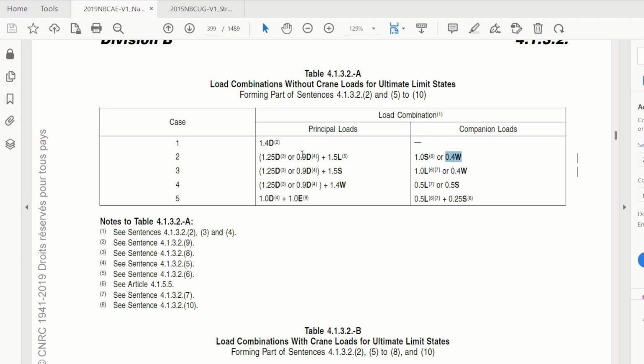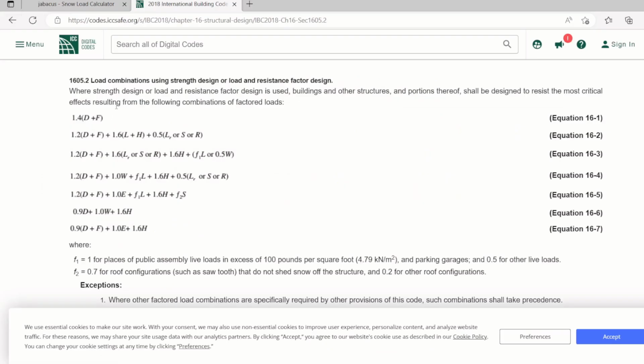because I don't think there is any town or city or municipality here in Canada where the roof snow load is less than 20 PSF. So unlike in the US, let's check IBC. See, unlike here, I don't know if you can see this.